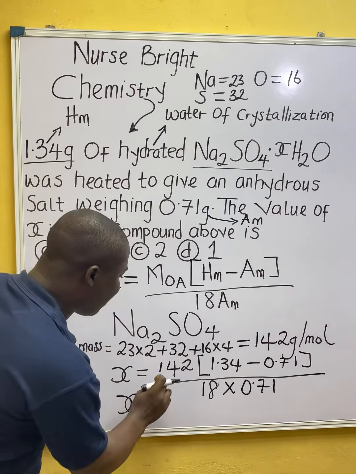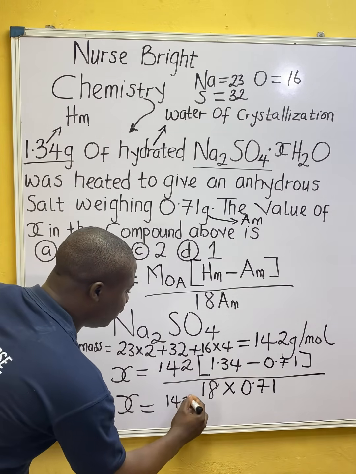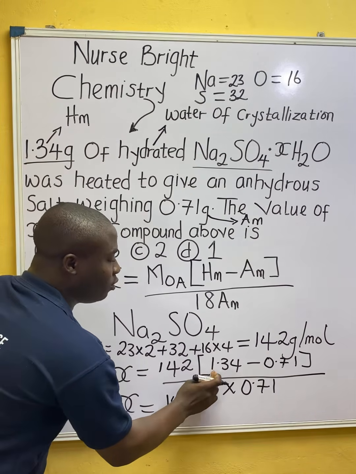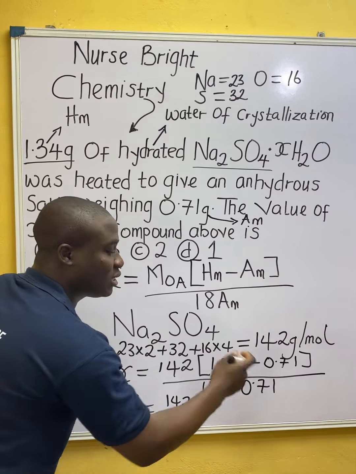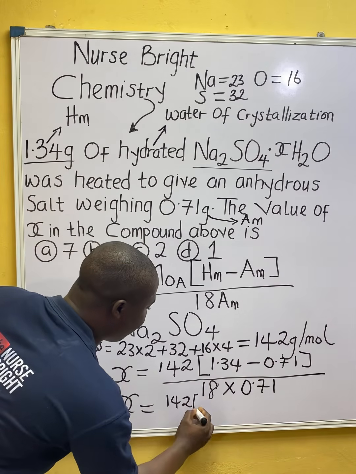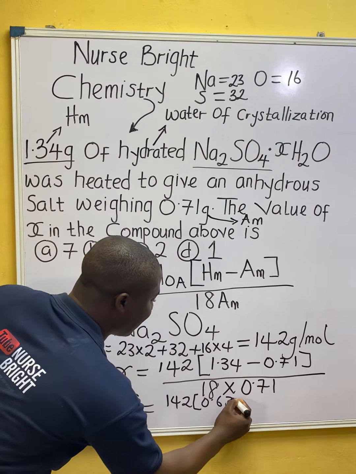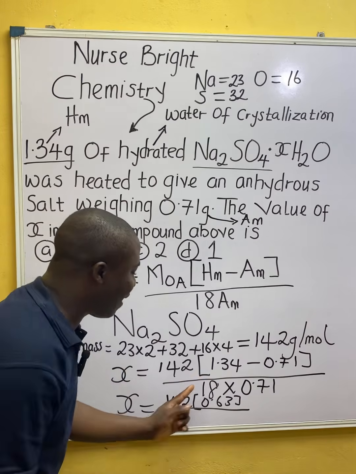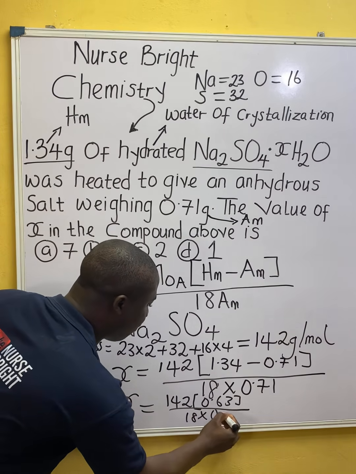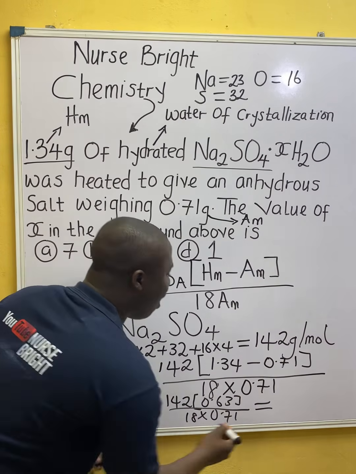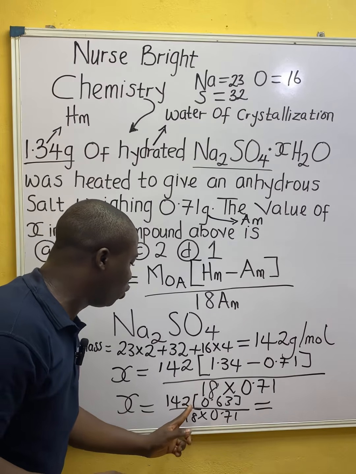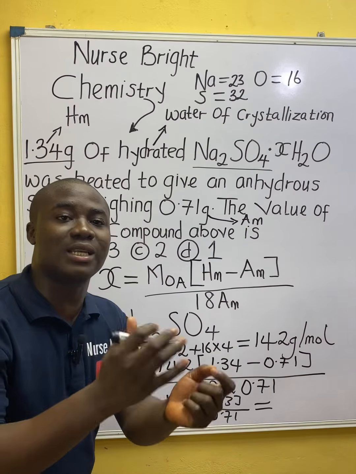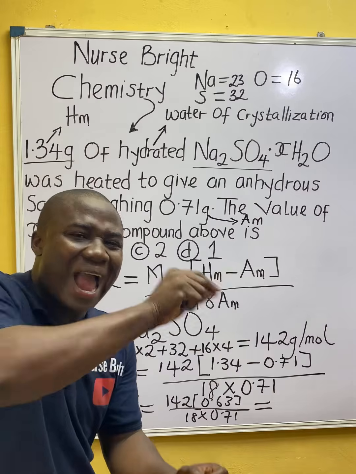So moving further, first of all, we have 142. When you minus 1.37 minus 0.71, you're going to get 0.63. I believe you are following me. Divided by 18 times 0.71. So what happens next? I believe you know that 142 bracket 0.63 simply means 142 times 0.63.